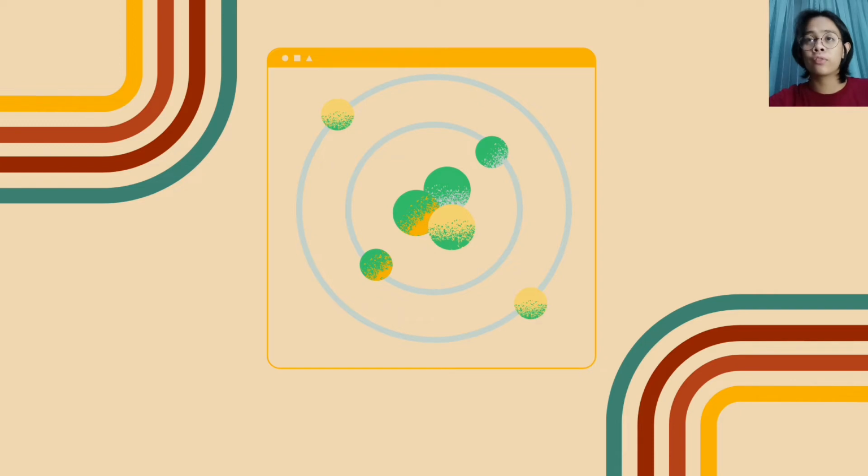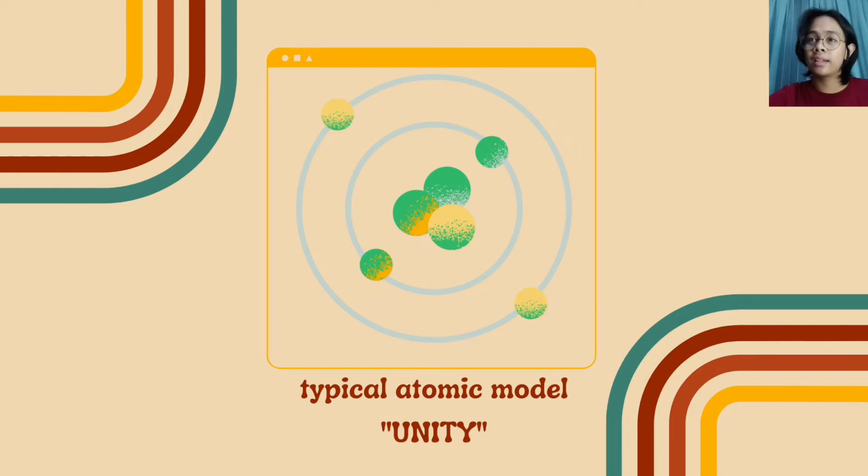And moreover, the electrons embedded in orbits symbolize unity among COS centers, illustrating that they are being concentrated to a mutual end goal in the same way as the electrons are attracted to a common nucleus. So that's the analogy behind it.